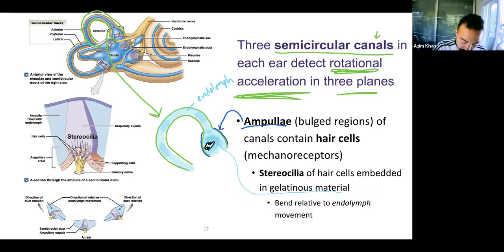Whenever there's fluid movement, so let's say you turn your head and the fluid, the endolymph, moves through, that'll cause bending of the stereocilia.